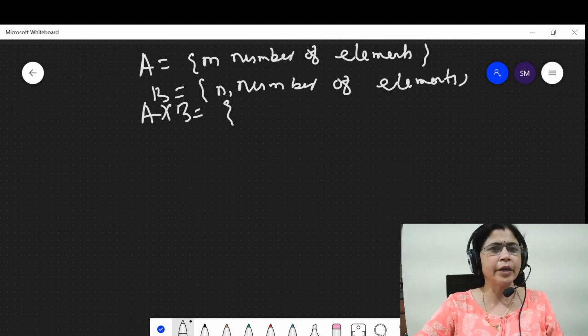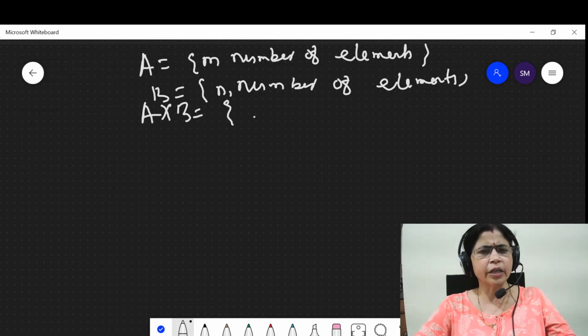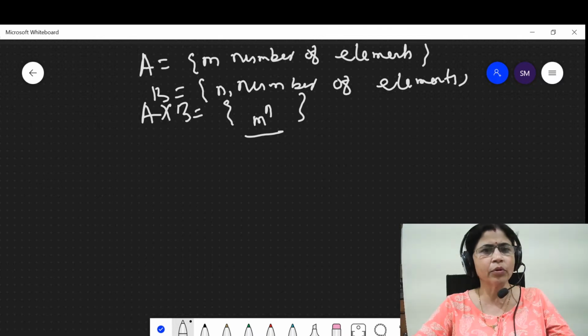A cross B contains M to the power N number of elements.